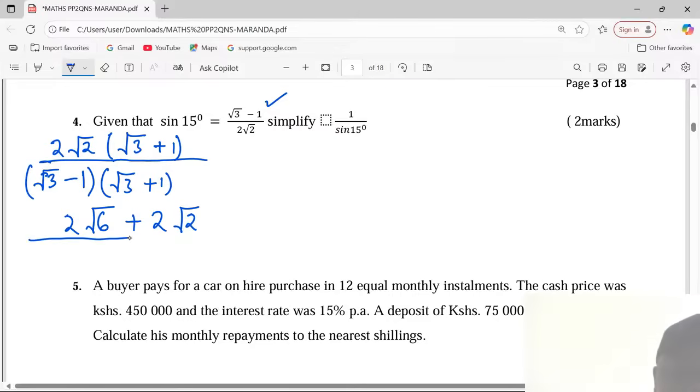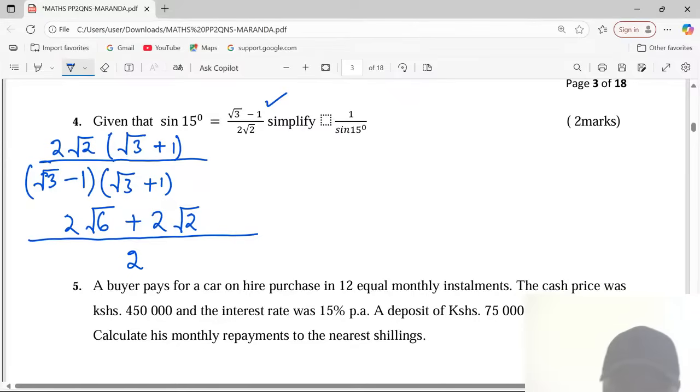Then, for us to multiply a surd and its conjugate, we just square one part minus the square of the other part. So we need the square of root 3 minus the square of 1. Root 3 squared is 3. 1 squared is 1. So 3 minus 1, which is 2.